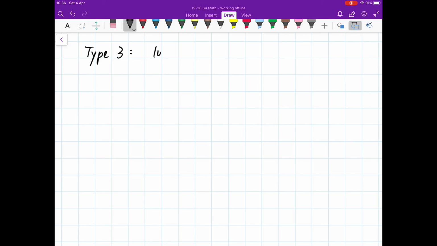In this case, log x is equal to a certain number y. As you can see, there is only one log function on one side, while on the other side, there is no log. In this case, we have to convert the log function into 10 to the power y.